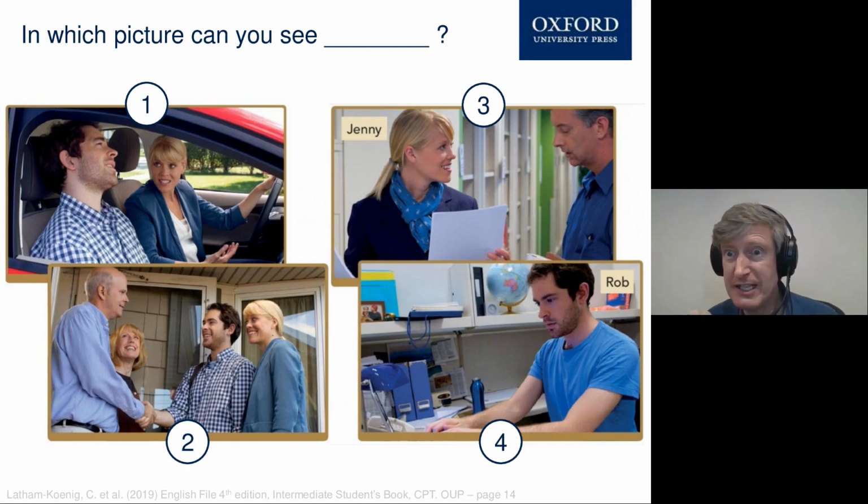Which picture can you see a blue scarf? Yeah, some of it is being repeated, right? See some pens. I think that's 4 as well. Can you see some folders? Or can you see a smile? 2 and 3, nice question. Can you see some windows? I think I can see that in 1, 3, and 2.